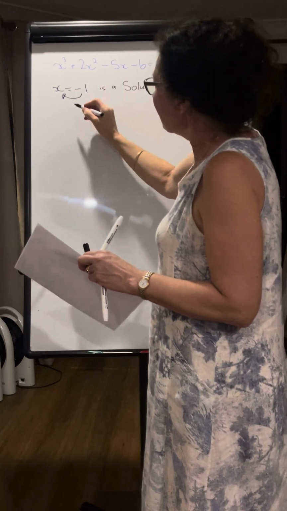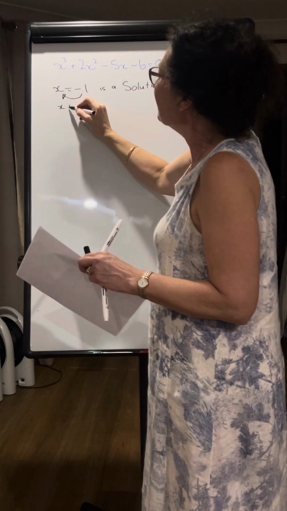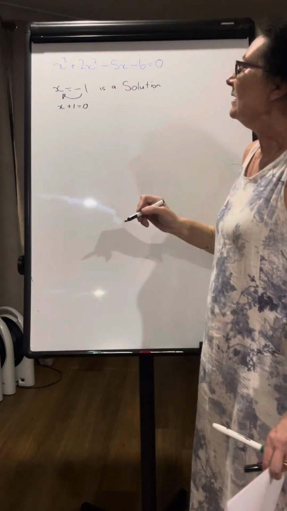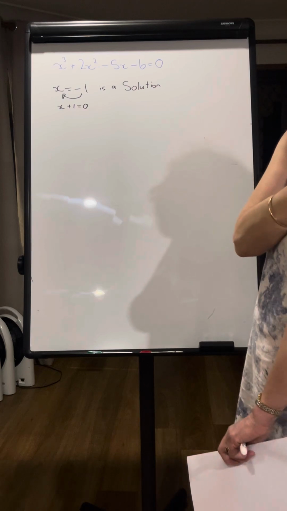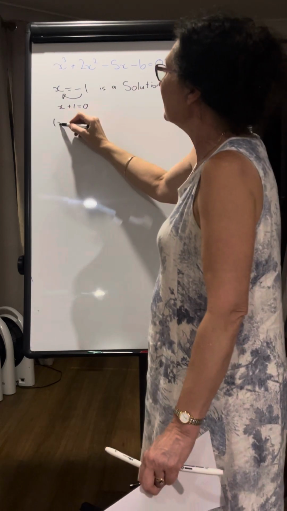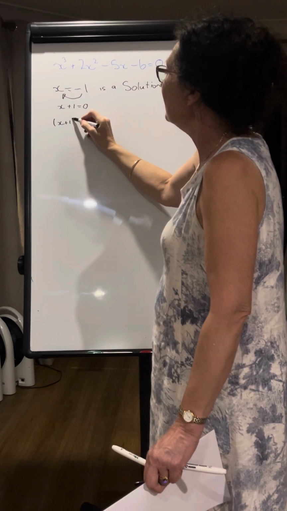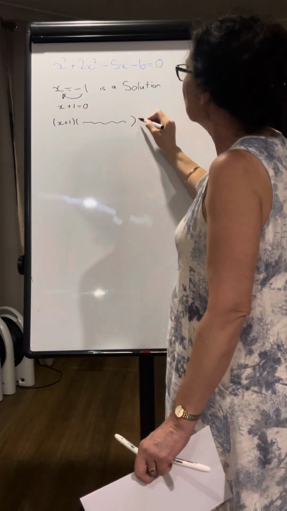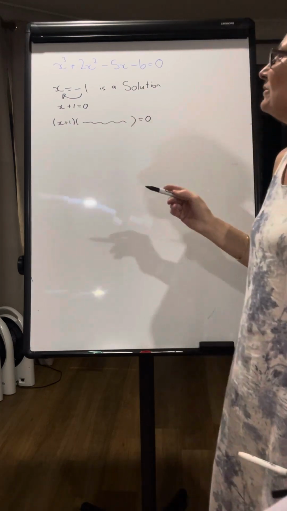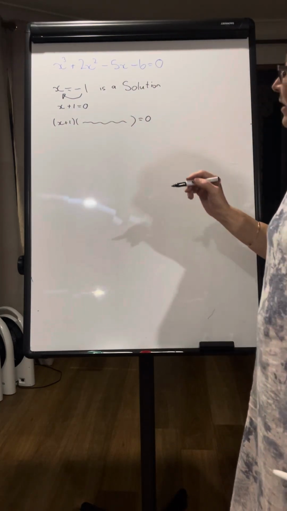Before we used to take it to the other side to find the solution. That just means that x plus 1 equals 0 is one of the factors. So x equals minus 1 is a root, and it becomes x plus 1 is a factor. So x plus 1 times something will equal the cubic. How do we do this? If we know it's a factor, we do long division.